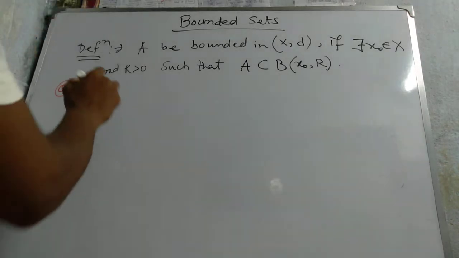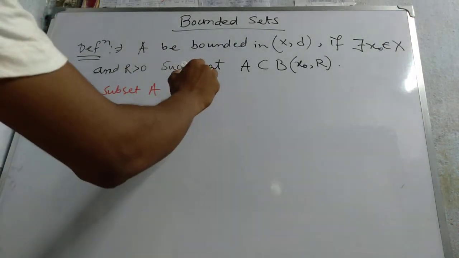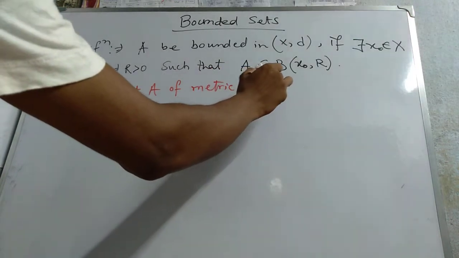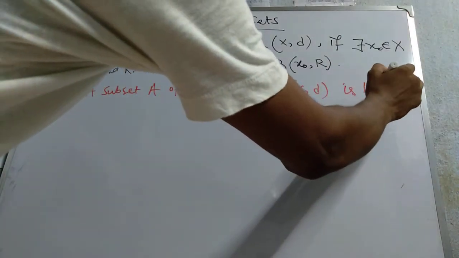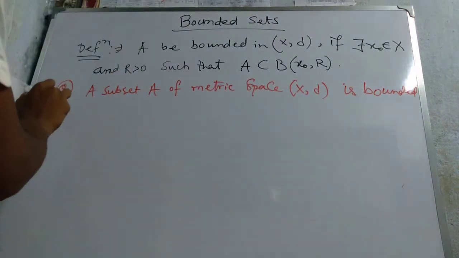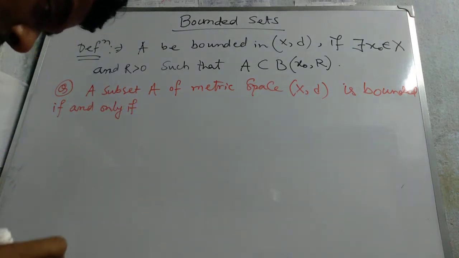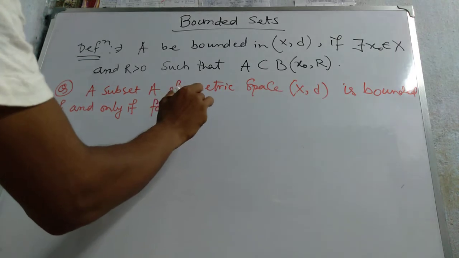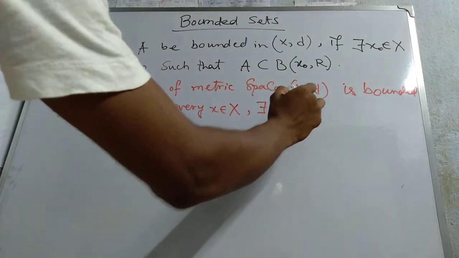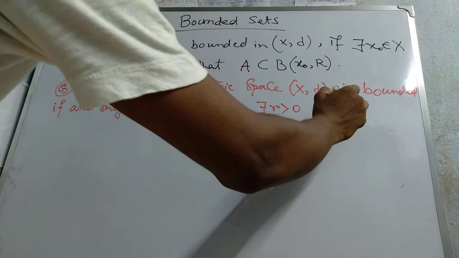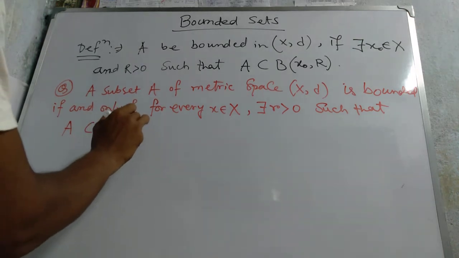A subset A of a metric space (X, d) is bounded if and only if for every x belongs to X there exists r greater than 0 such that A is a subset of B(x, r).